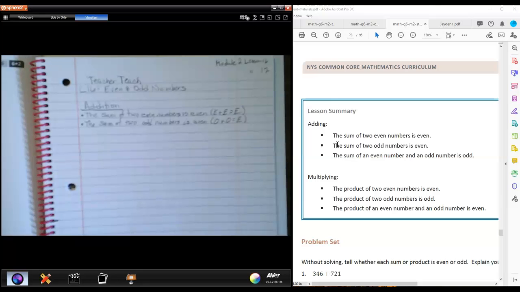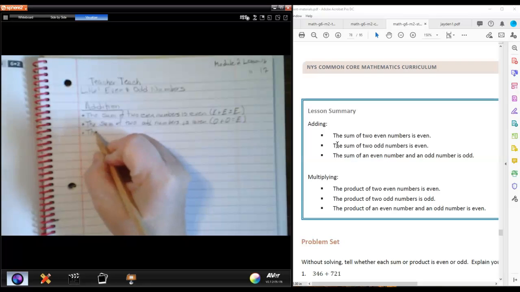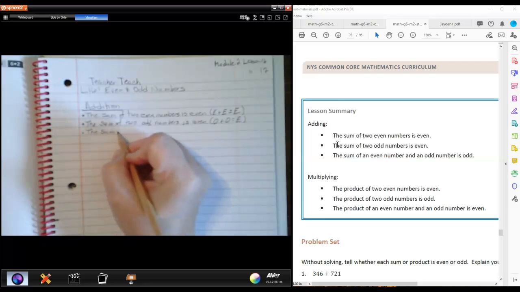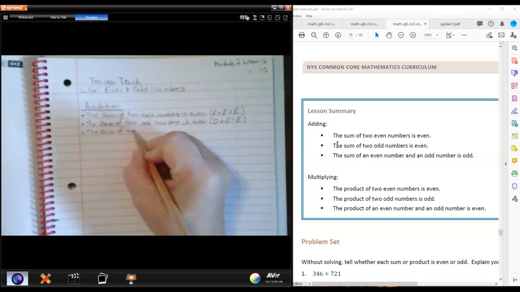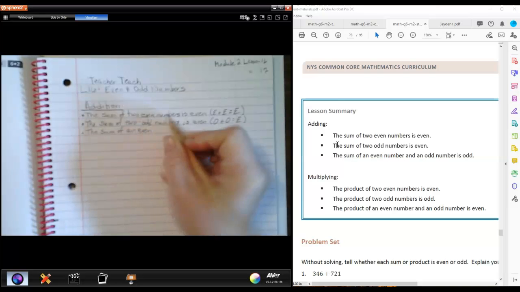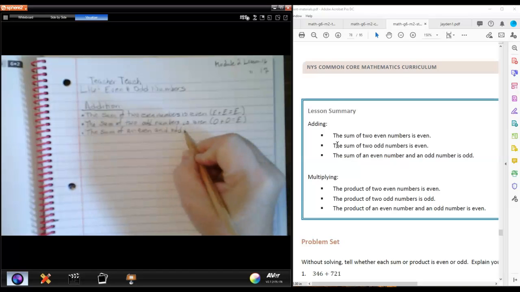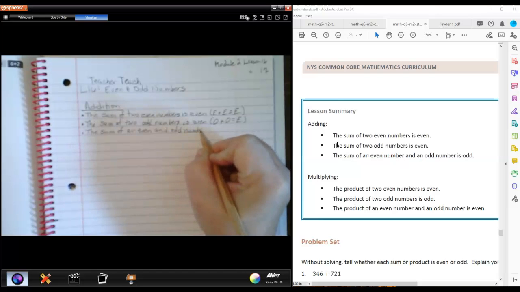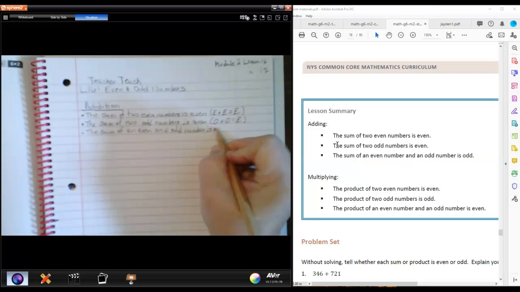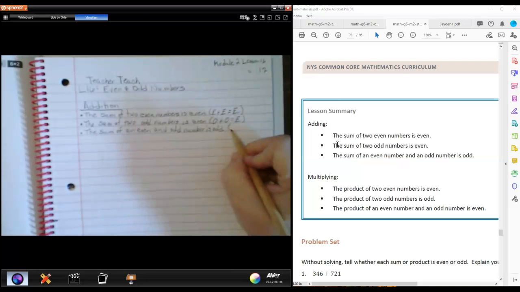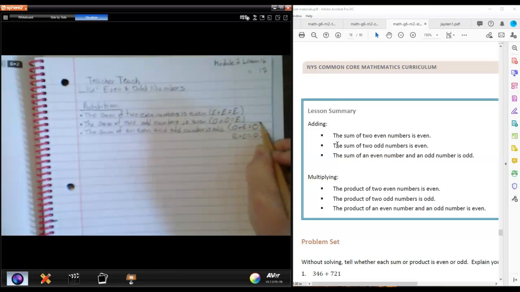And then the sum of an even number and an odd number is odd. Okay, so that would be odd plus even equals odd, or even plus odd equals odd. Either way it works.